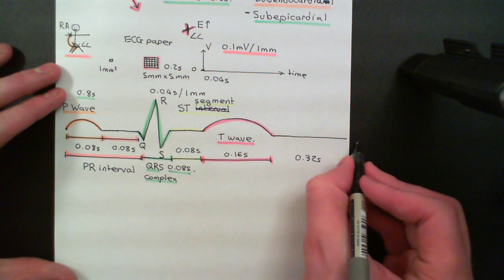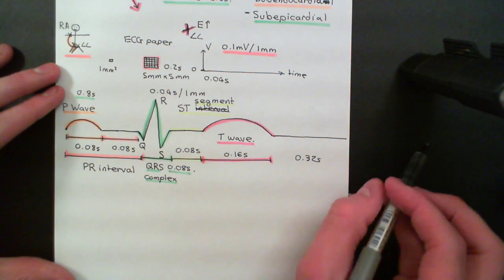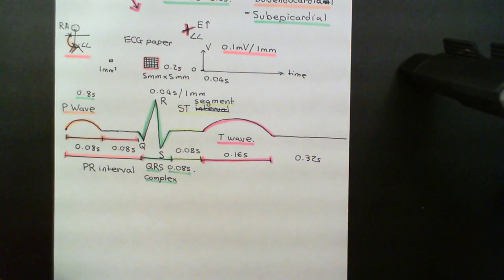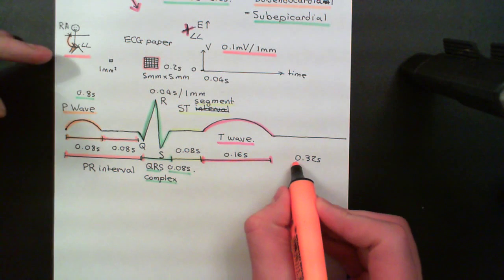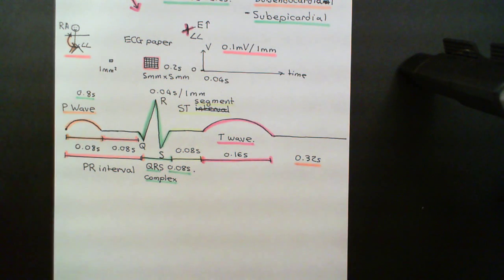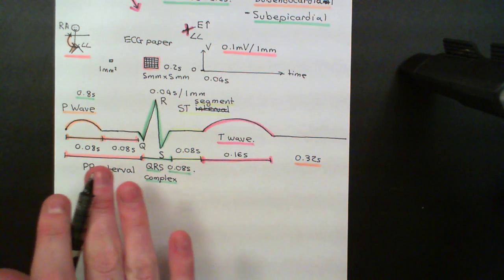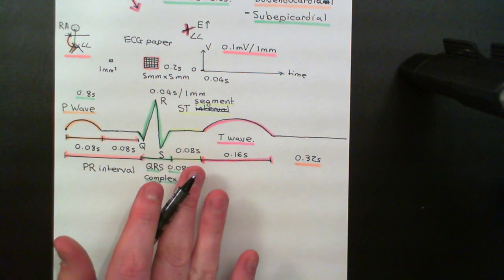This is a bit out of scale because I haven't got enough paper here; it would really go off the side. That's the final portion, and after that you'd have another P wave. So that's what this ECG pattern will look like. If we let this device run and it drew us an ECG trace between the right arm and the left leg, this is what it would look like.